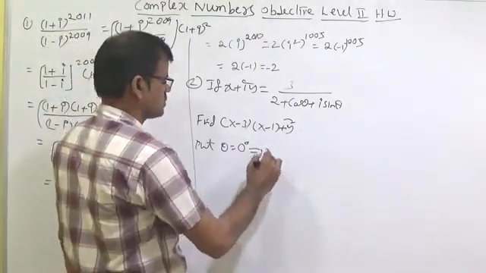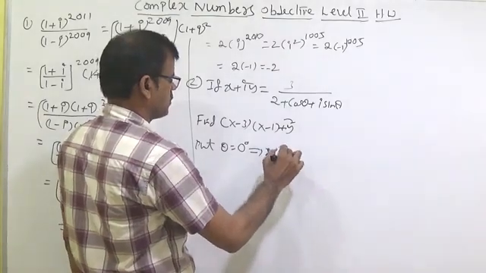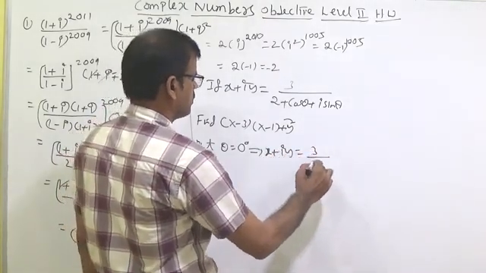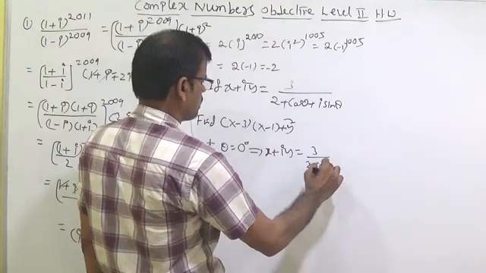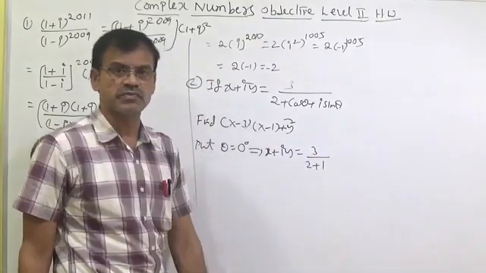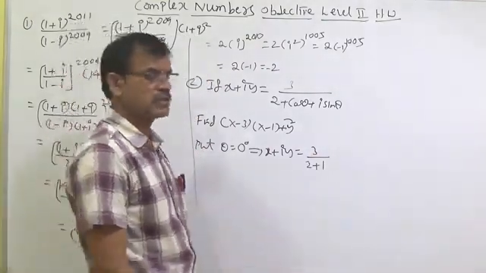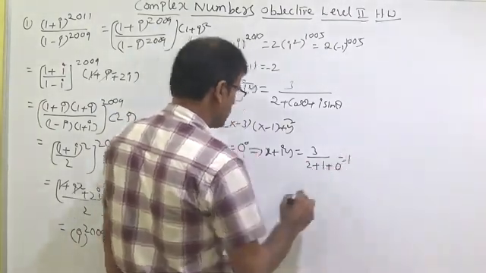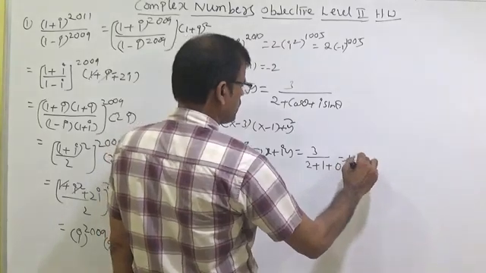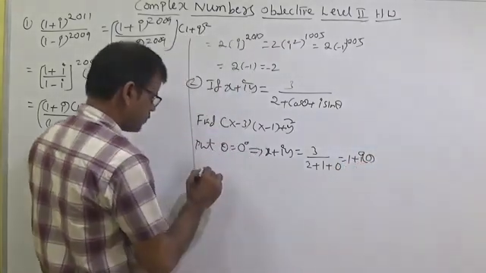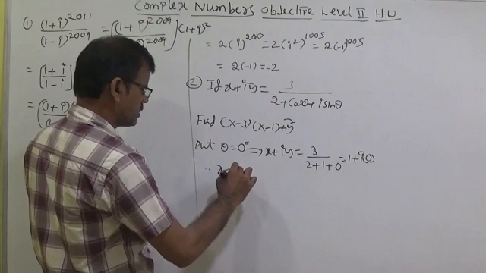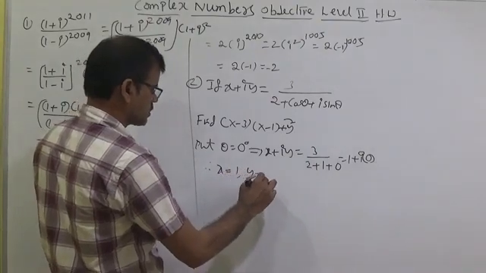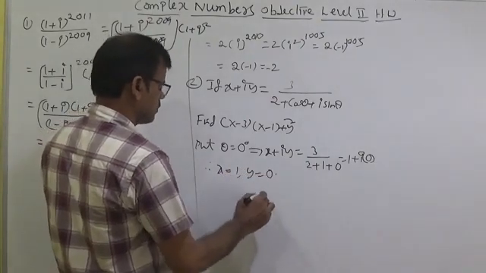That implies x + iy can be written as 3 / (2 + cos 0 + i sin 0). Cos 0 is 1 and sin 0 is 0. So 3/3, the value is 1 + i into 0. Therefore, comparing real and imaginary parts, x is equal to 1 and y is equal to 0.